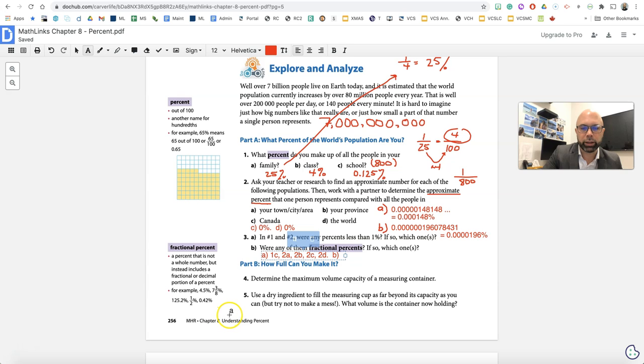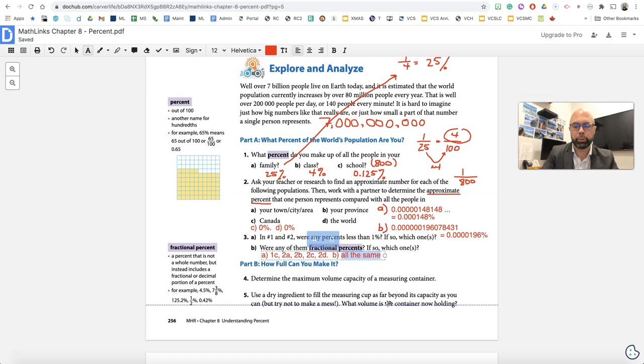Unless I'm missing something, all of the same were fractional percents because they're less than a whole in this case. And keep in mind, it can be greater than one whole and still be a fractional percent. If it includes any part of a whole number, as in the case of 4.5, it is a fractional percent. So I'm going to say all the same.